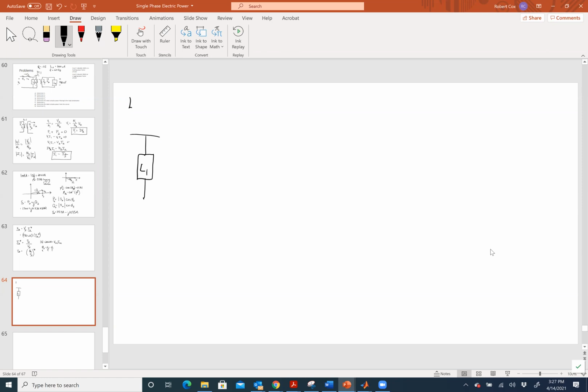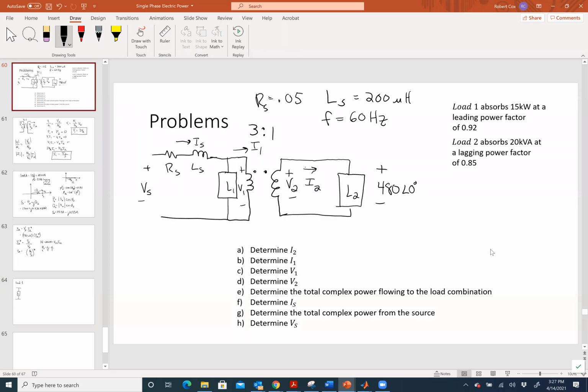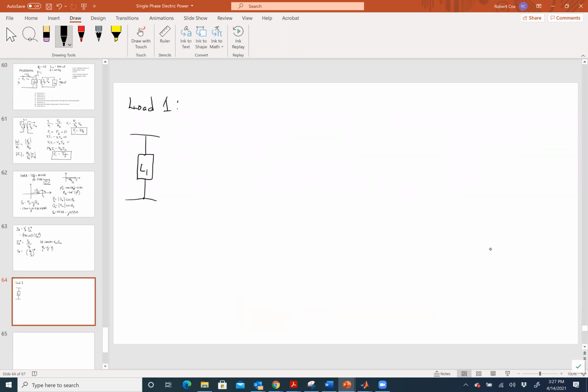I have load 1 right here, in parallel with the primary, and with that load 1 I have 15, so P is 15 kW. It has a power factor of 0.92 leading, which meant that this was capacitive.